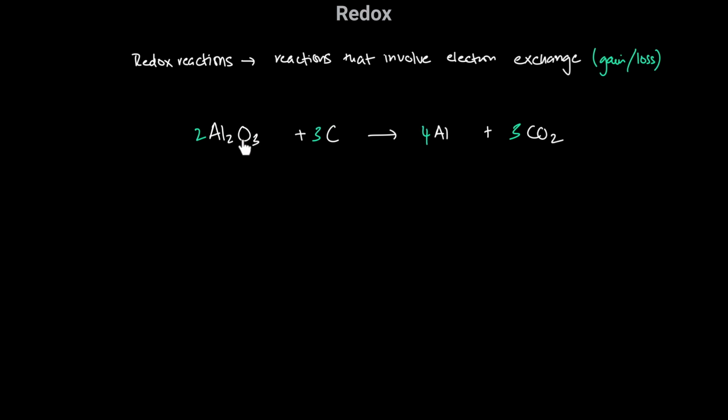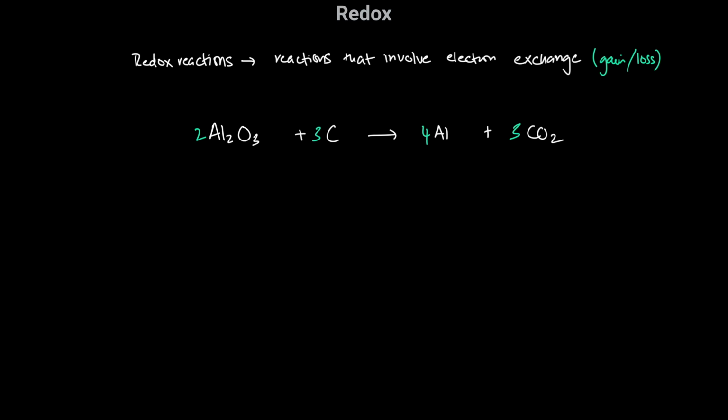So the mass of the ore is greater than the mass of the aluminum obtained. Historically, this is where the name reduction came from. When we extracted metals from their ores, the loss in mass was due to a loss of oxygen, and that loss in mass was referred to as reduction in mass. So historically, the loss of oxygen was referred to as reduction.